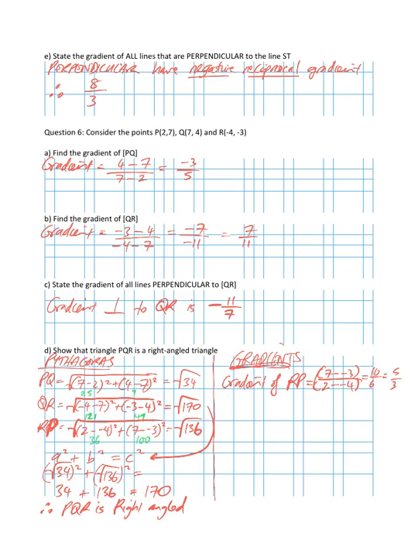Now we already worked out that PQ gradient was negative 3 on 5. RP has a gradient of 5 on 3. They are negative reciprocals.